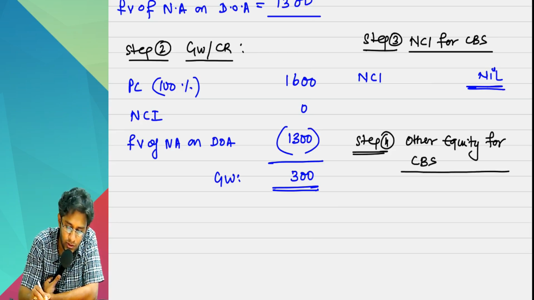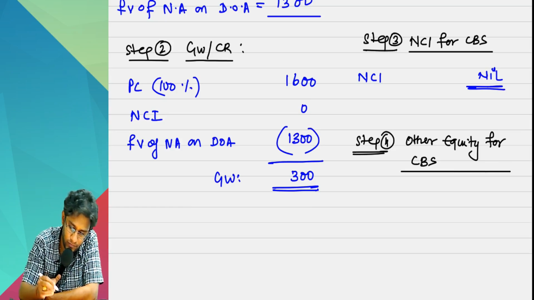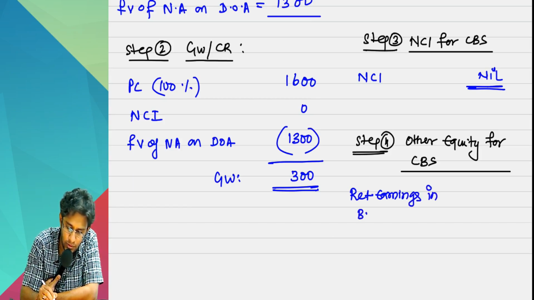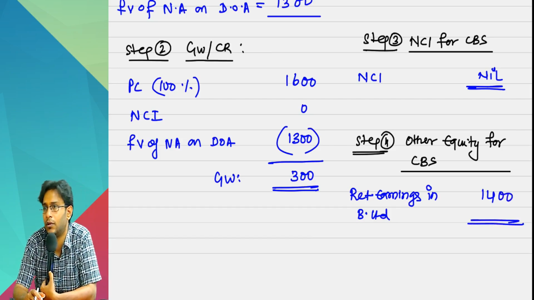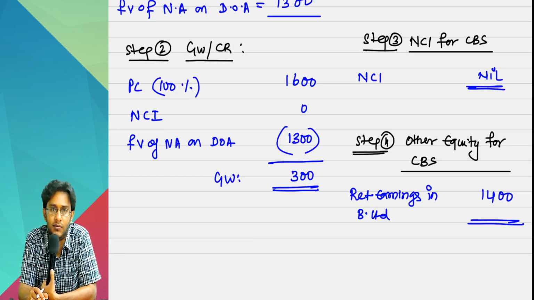Whose other equity should I write? B only. Good. Very good. Retained earnings in B, 1400. Add share of post-acquisition: nothing. Instead of goodwill, had you gotten a capital reserve, then you would have considered that in step number 4. Right?